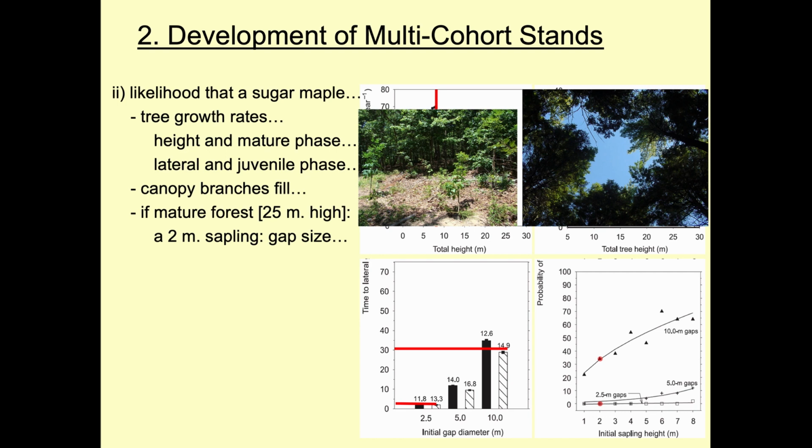However, in a 10-meter gap, we can see that number, that red dot, around that 30% mark. Now, if we look at an 8-meter sapling, it too has a 0% chance of reaching the canopy in a 2.5-meter gap, and its probability increases to around 70% in a 10-meter gap.